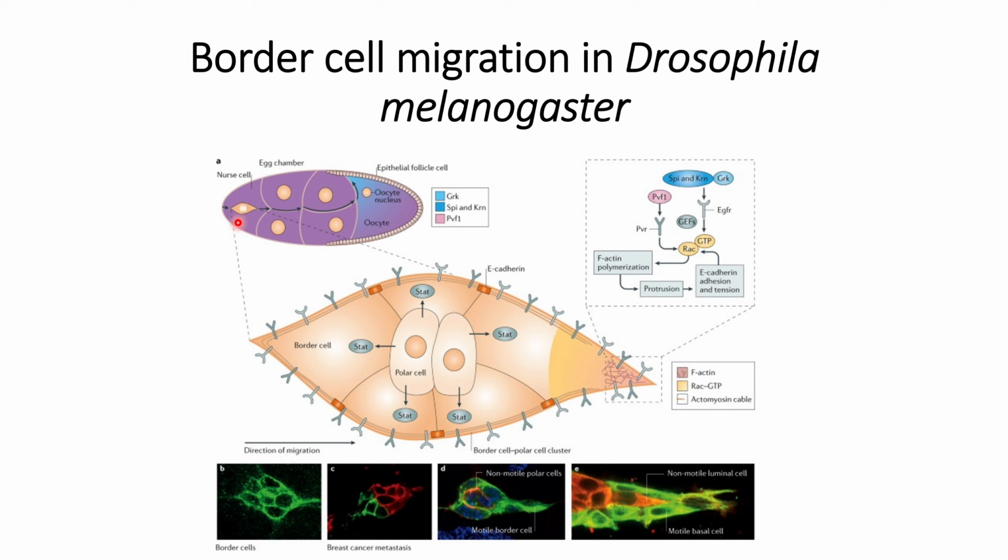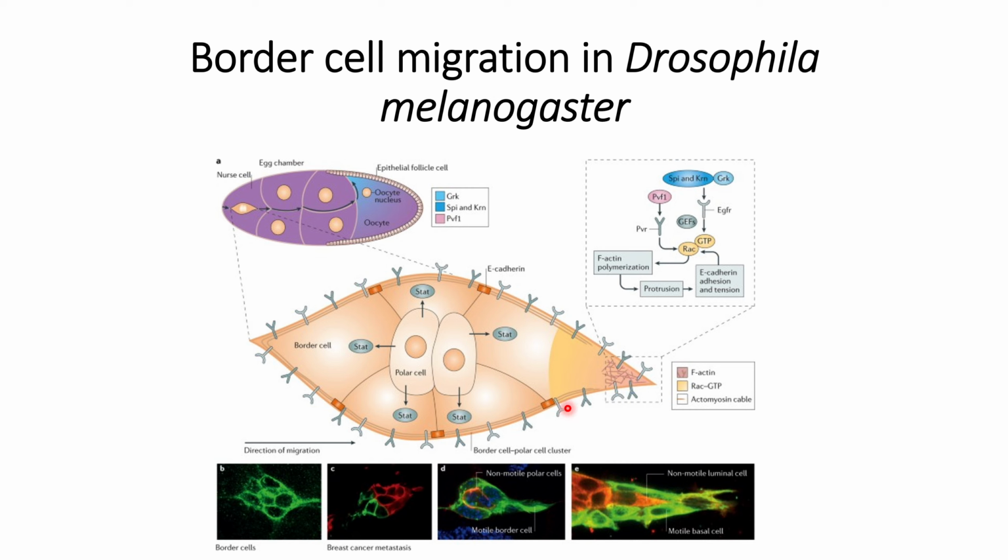If we see the zoomed-in view of this cluster, we can see that it is a collection of two different cells that release different cytokines, and some of these cytokines are responsible for the migration of this cluster in this direction, that is from left to right in this figure.